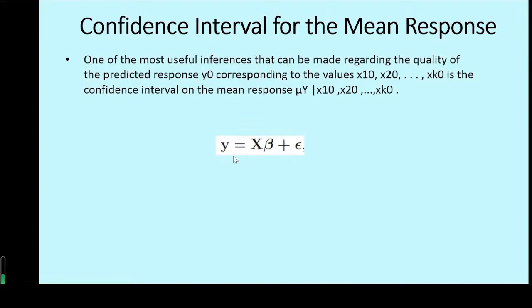But for linear regression, this is a random variable. If we test 100 different mean responses, they should be different because of this term, right? So this mean value of y is a random variable, which means it has a confidence interval.